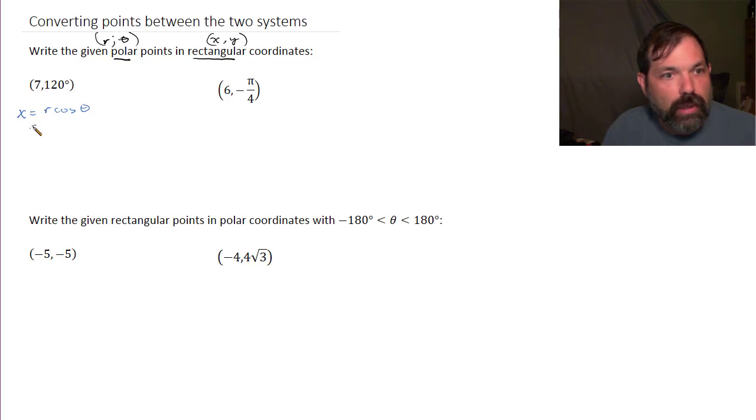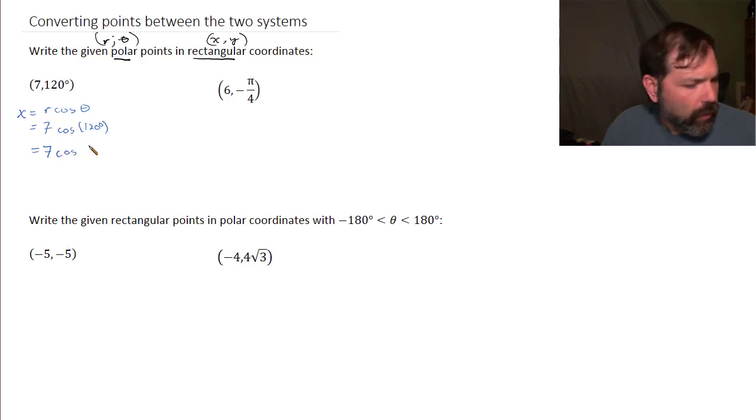If we're given the point 7, 120 degrees, x is 7 cosine of 120 degrees. The cosine of 120 degrees is negative 1/2. And so that's just negative 7 over 2.